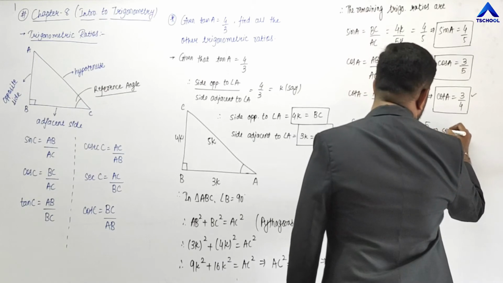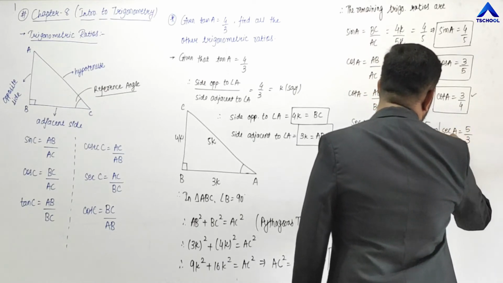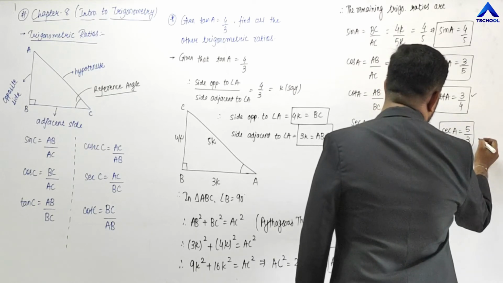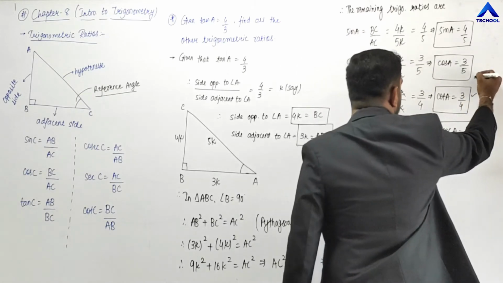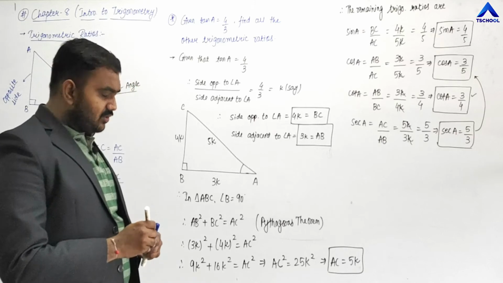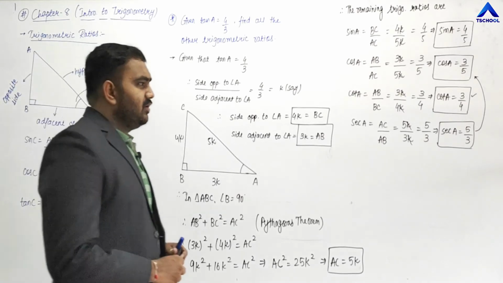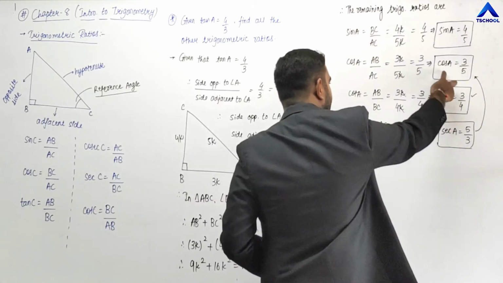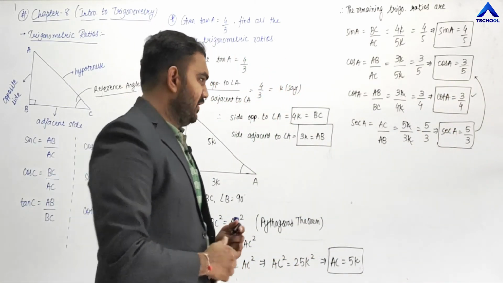So we get sec of angle A as 5 upon 3. So we got the fourth remaining ratio, and as we saw in the previous lecture, cos and sec are also inverse of each other. So we got cos A as 3 upon 5 and sec A as 5 upon 3. Is this thing clear? So we got the confirmation that these both ratios are reciprocal or inverse of each other.